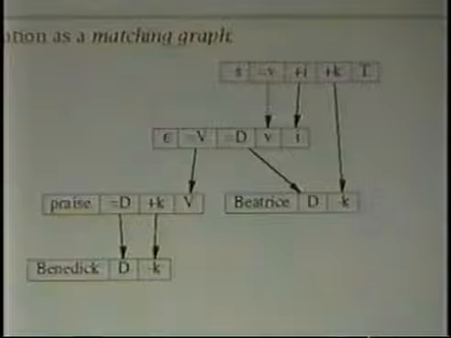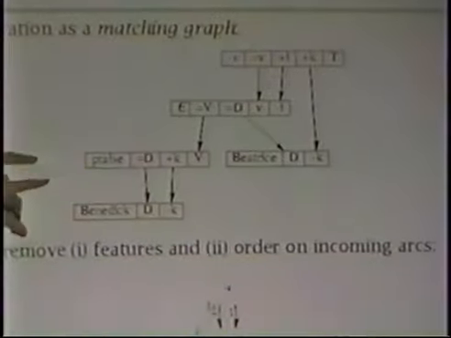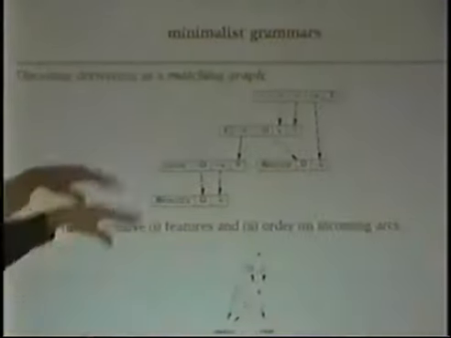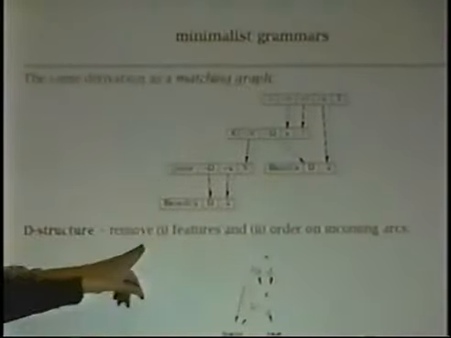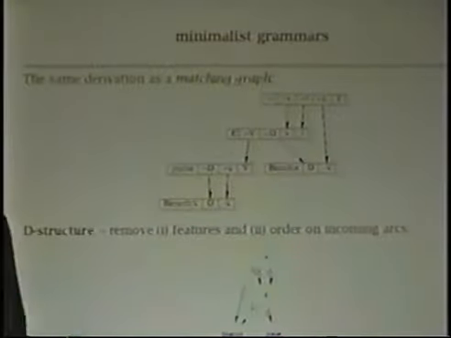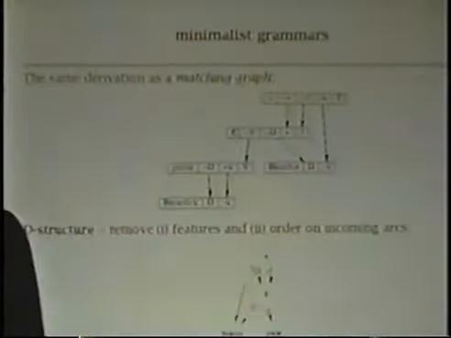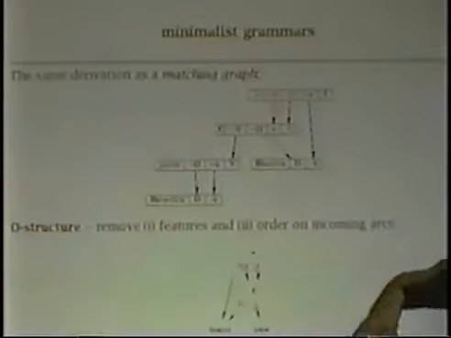So imagine we strip this syntactic information out. I don't know whether you can see this, but I want to have both on the same slide so I could show you the relation. If we take a matching graph like this and just remove all the syntactic features and all the orders on the incoming arcs, but we keep the order on the outgoing arcs, we get a structure that looks like this.